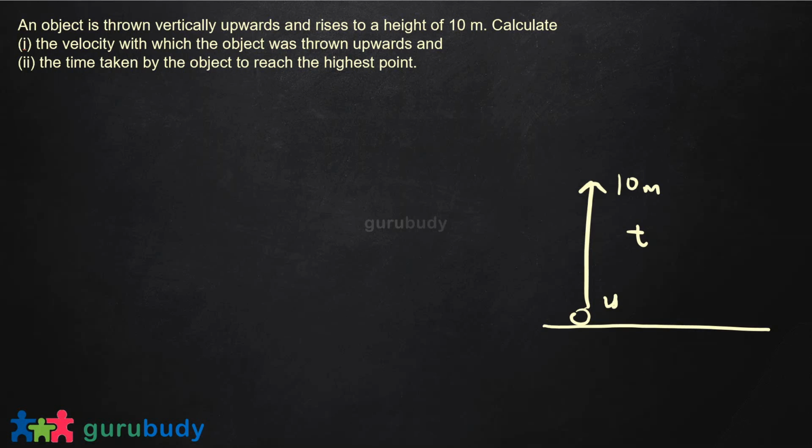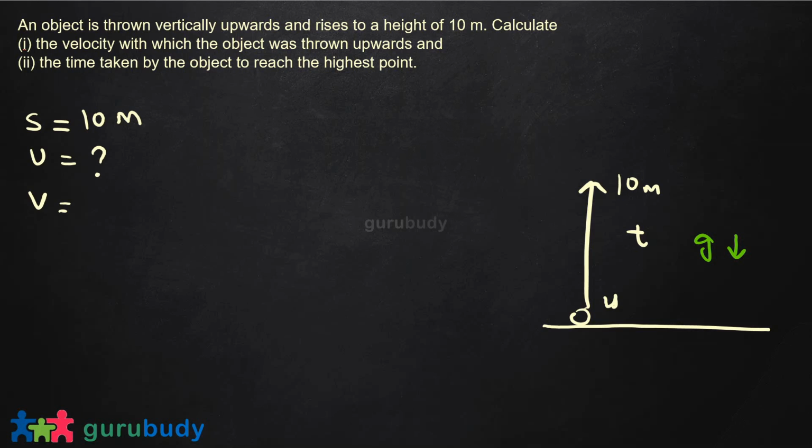Now one thing which is clear is that the motion of this object is upward, and we know gravity acts downward, right? So the direction of the acceleration of this object is negative because it is not in the direction of motion, as we discussed before. Things we know: the object traveled a distance of 10 meter. Initial velocity, we need to calculate that.